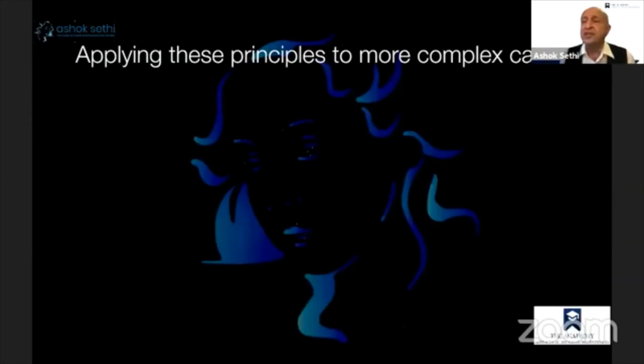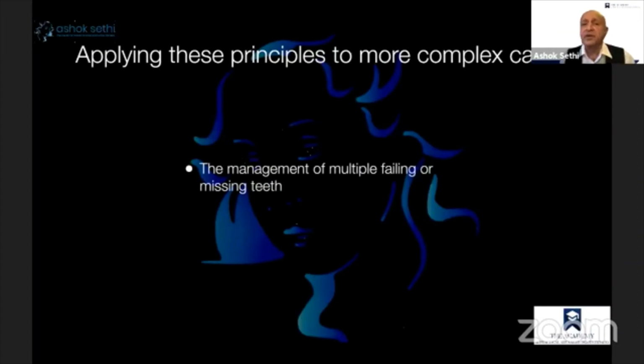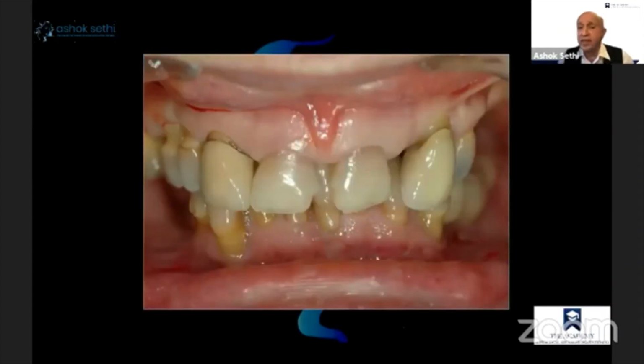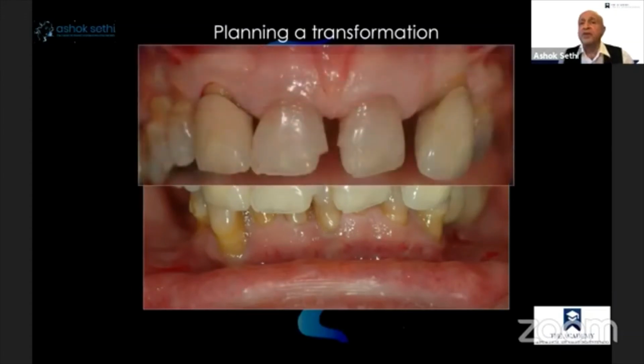And these basic principles can be applied to more complex cases. So when you're dealing with multiple teeth, which Pavan does so expertly, and you get a case like this, you need to be able to think in terms of how you're going to treat this patient. So take this patient, the teeth are in the wrong place, they're odd colors.